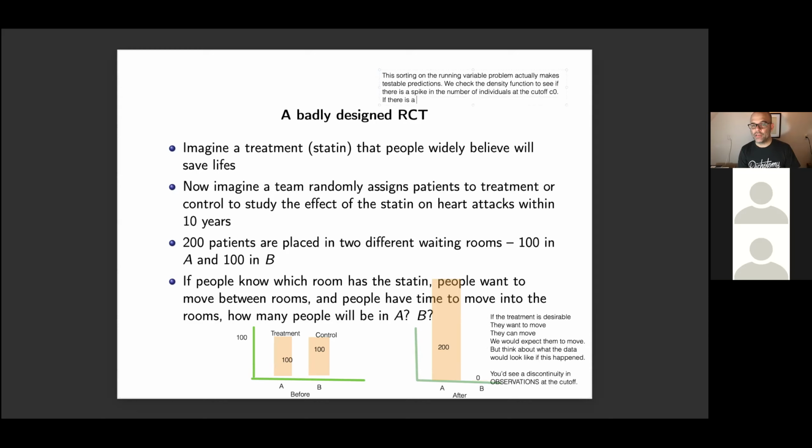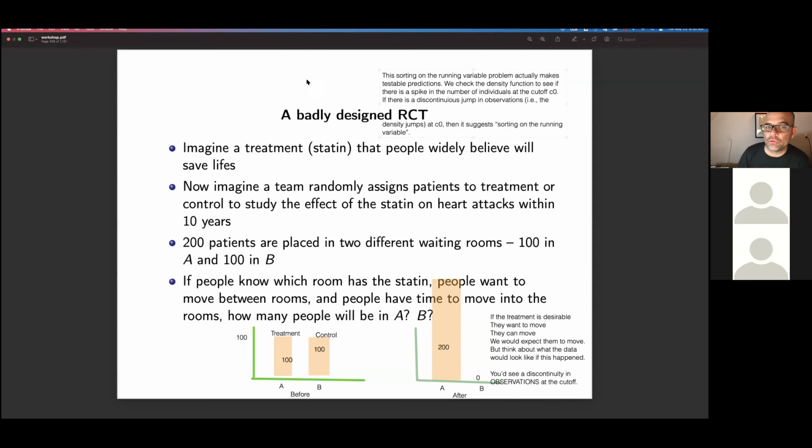If there is a discontinuous jump in observations, i.e. the density jumps at C0, then it suggests sorting on the running variable.